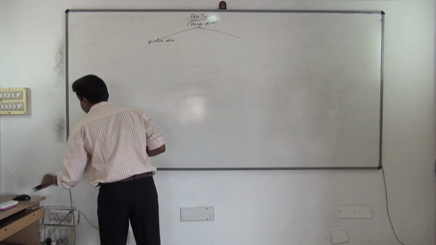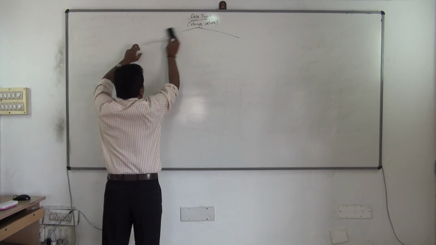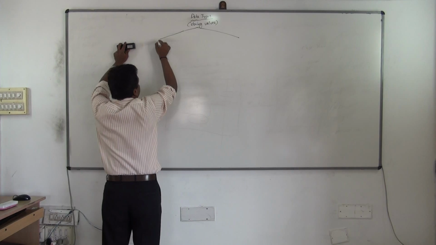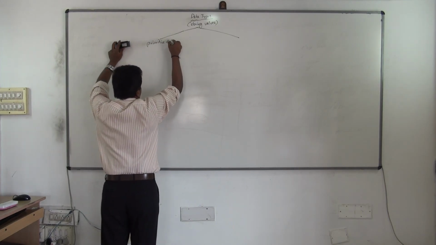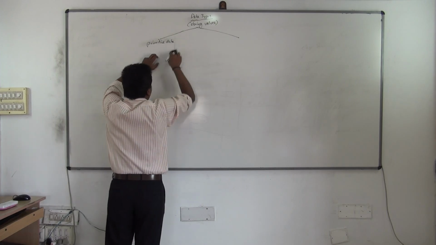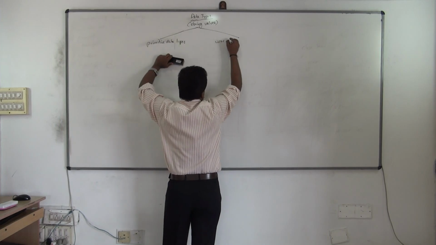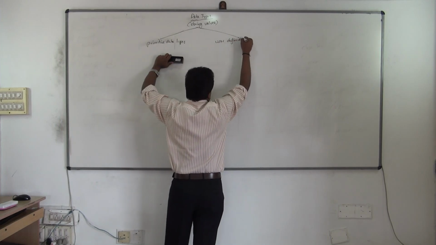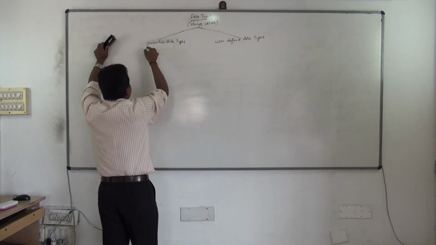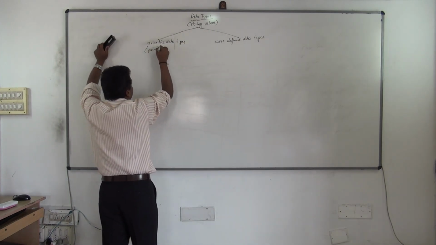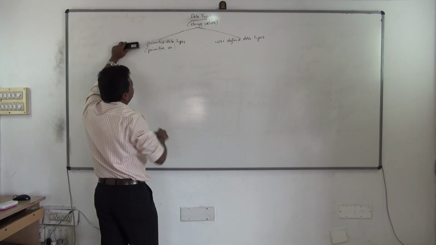Or one thing I'll do. So data types are classified into 2 types. Primitive data types, user defined data types. And these contain primitive values.